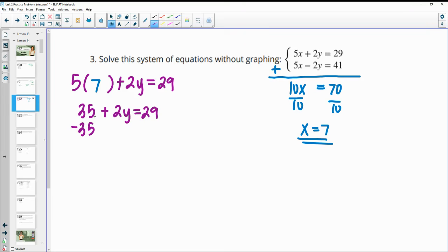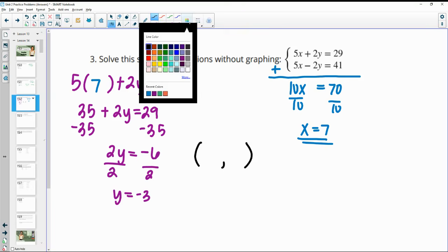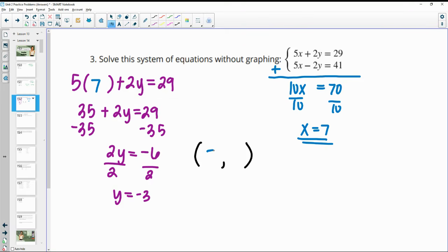So the 29 and the 35 are like terms, but they're on different sides. So I'm going to subtract 35. So that 35 minus 35 is 0. Then we get 2y equals negative 6. Divide by 2, and we get y equals negative 3. So then our solution, our ordered pair, would be that x is 7 and y is negative 3.